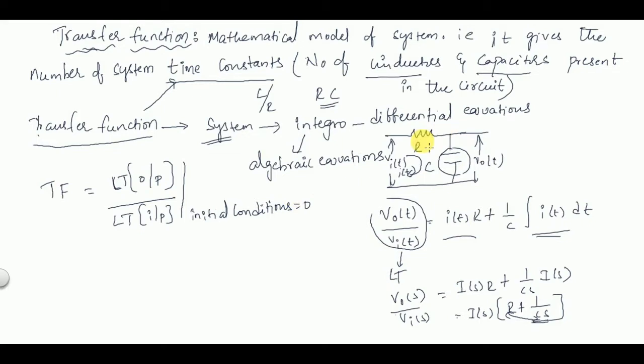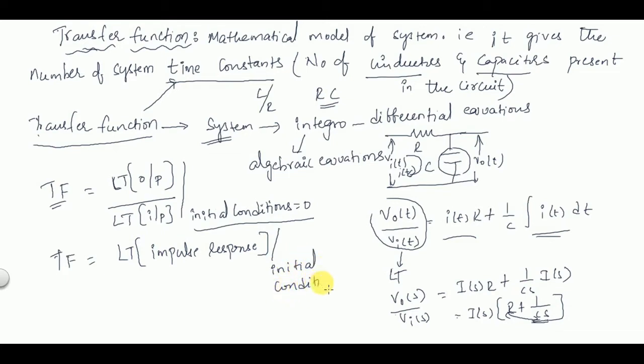So all the initial conditions across the energy storing elements, that is voltage across the capacitor and current across the inductor, must be made 0 before calculating the transfer function. Another definition: transfer function is the Laplace transform of impulse response, by making all the initial conditions equal to 0.